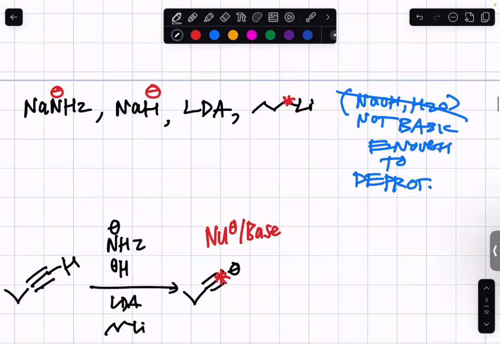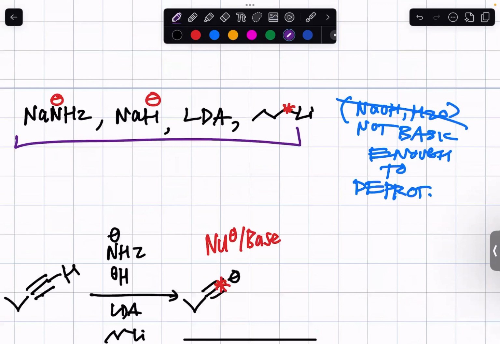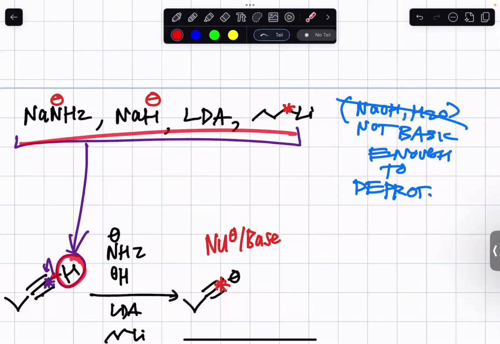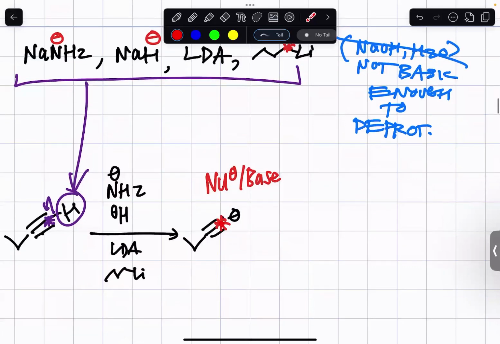But the bases that I'm talking about here are going to deprotonate that terminal alkyne hydrogen to give this sp carbon a negative charge, right? Those 4 bases right there are able to deprotonate this terminal alkyne hydrogen, which gives this carbon a negative charge and can act as either a nucleophile or base depending on what reagent we give it.